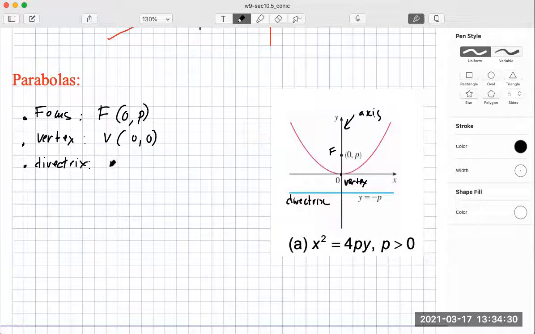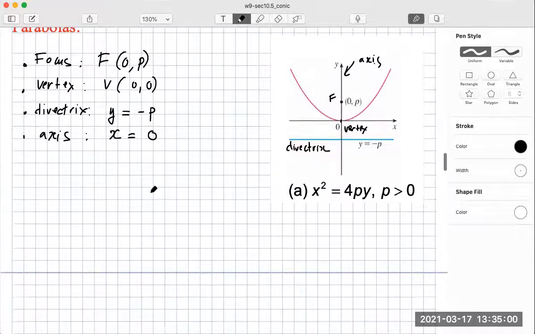Yes, y is equal to negative p, right? This line. Very good. And furthermore, the axis means this line, it is the y-axis as well. So it will be the equation x is equal to 0, right? So that is all we need to know about a parabola.